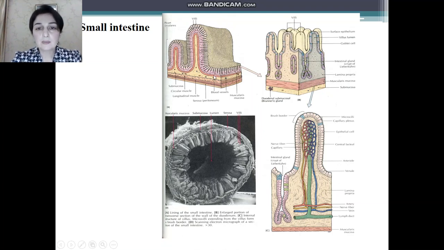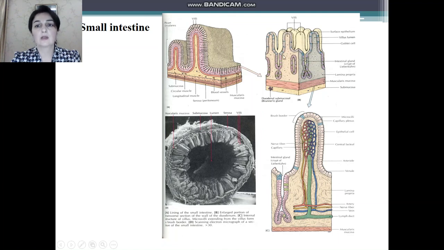If we look at some region of the small intestine with more magnification, we can see villi. These are leaf-like projections of the tunica mucosa. Then the epithelium forms invaginations into the lamina propria.